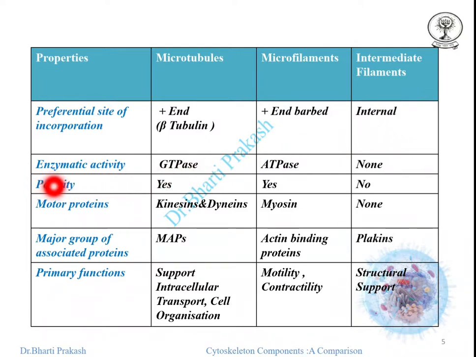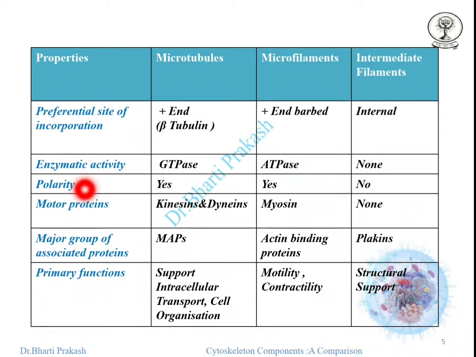Now, let us see the enzymatic activity of these proteins. The microtubules have GTPase activity while the microfilaments have ATPase activity, and the intermediate filaments do not show any enzymatic activity.